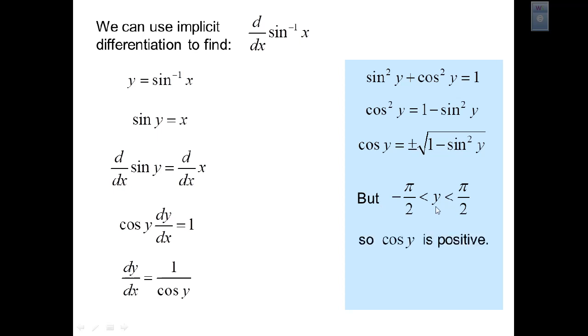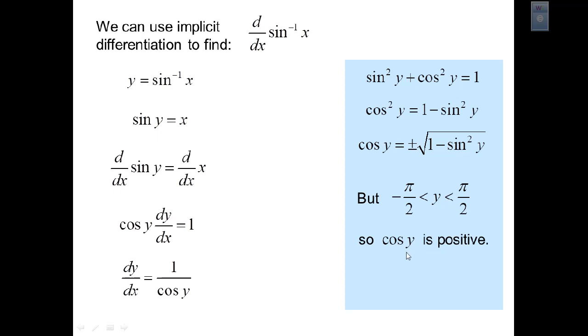Now, we're limiting our y value between negative pi over 2 and pi over 2. Well, you're probably asking, why are we doing that? Well, we're doing that because the inverse sine will only find angles between negative pi over 2 and pi over 2. That's the limitation that we have to have so the inverse function is actually still a function. So that means, and we know over that interval, the cosine of that y value will have to be positive.